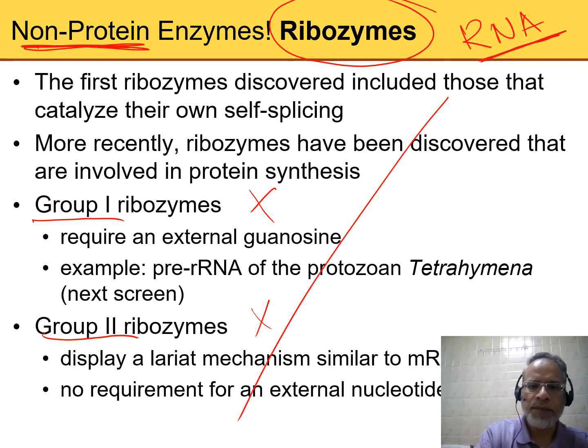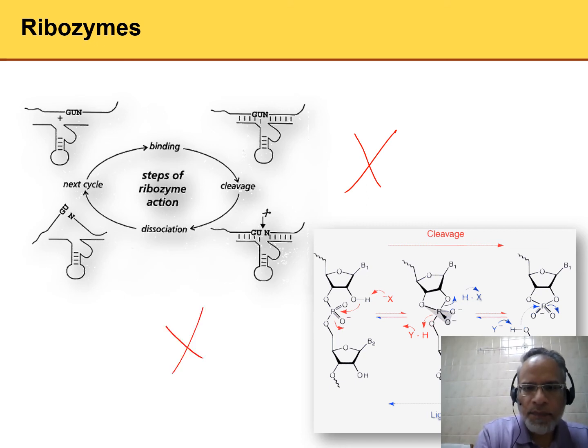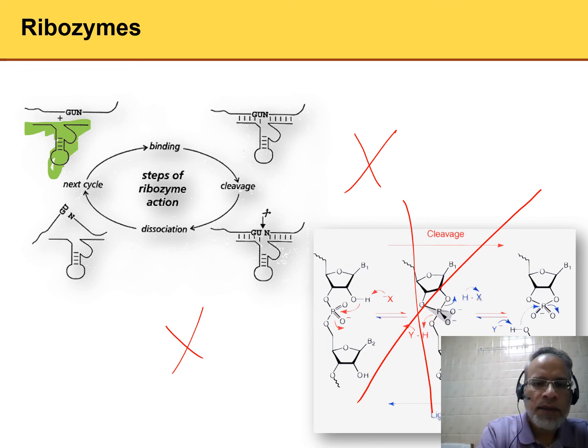None of this is important. Don't worry about this, right? Don't memorize it, but just to know what was happening here: you have this guy, and I'll highlight in green, so this is the enzyme. It's an RNA-based molecule. It binds to this, which is my substrate.